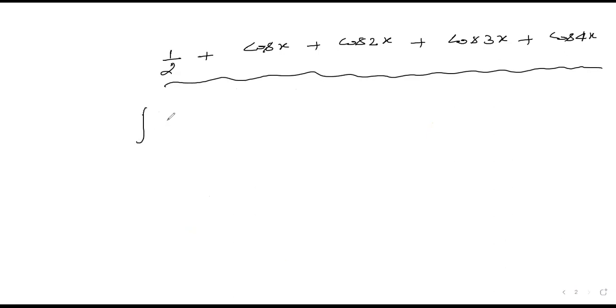Now our final integral is half plus cos x plus cos 2x plus cos 3x plus cos 4x.